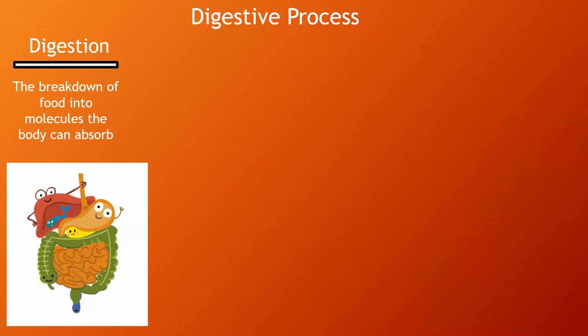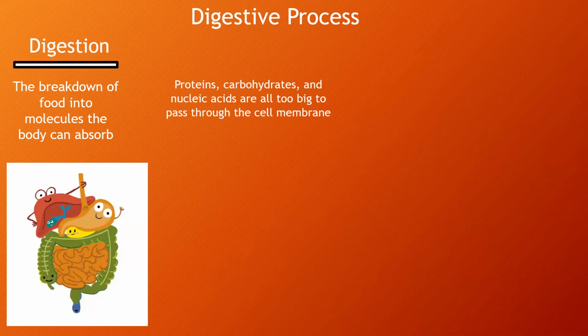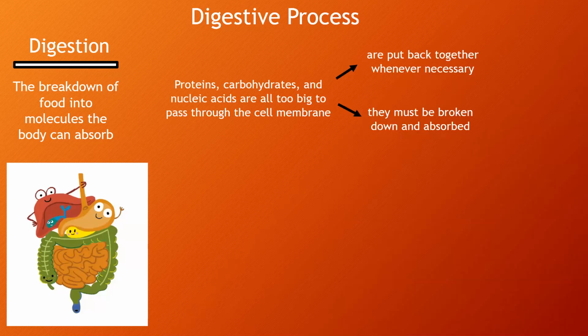It's not going to pass that bilipid layer. So what is it going to need to do? It needs to be broken down into smaller pieces so it can be transported to the appropriate place, transported across the right membrane. And so proteins, carbohydrates, for the cell wall, nucleic acids are all too big to pass through the membrane, and so we need to digest them. After they're digested and we put them into the appropriate place, then we can put them back together whenever necessary.